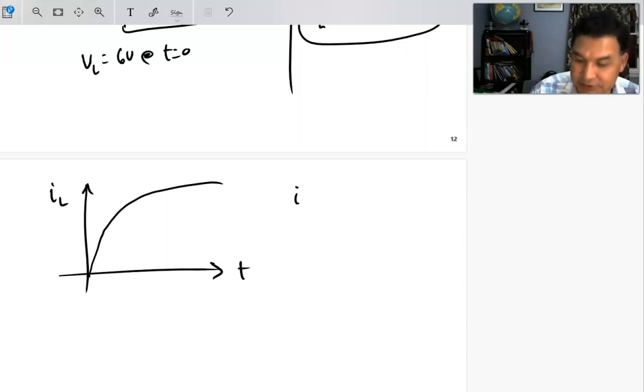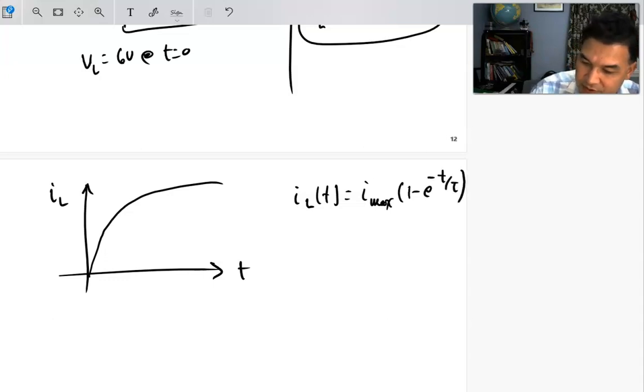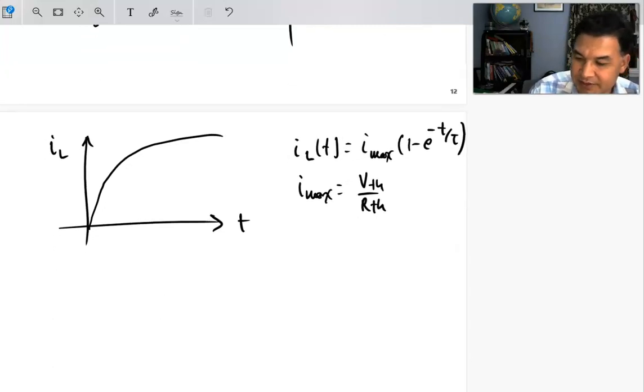This is explained by I max, the maximum current in the circuit, times 1 minus e to the minus t over tau. The time constant remains the same, where I max is just VTH over RTH. That has to be the maximum saturated current, which is this, which is I max.